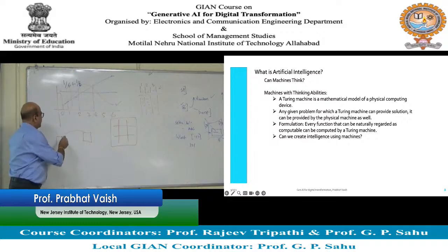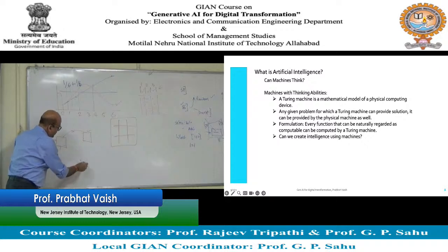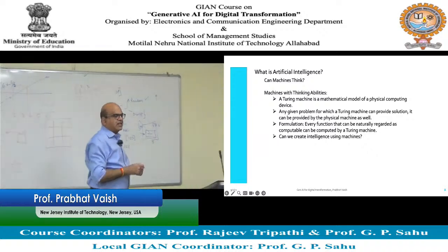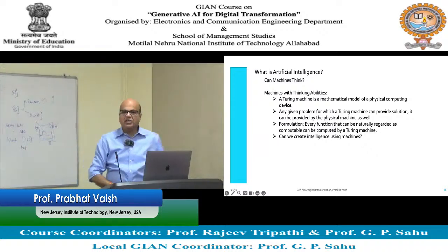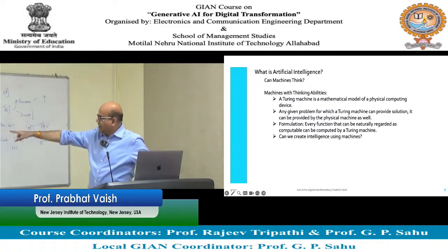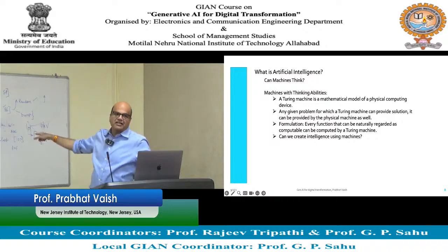So, if there are three moves possible, the state diagram will show one move will take you to a new state, another move will remain in this state, and a third move may take you somewhere else. So a state diagram or state space basically shows, from a given state, the valid possible moves and the resulting states.